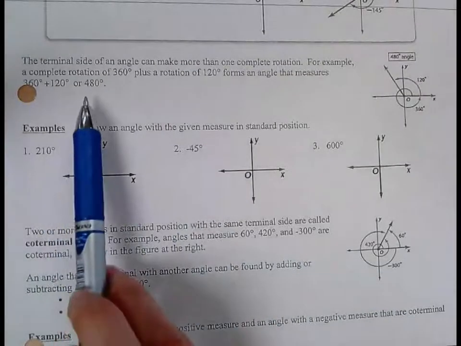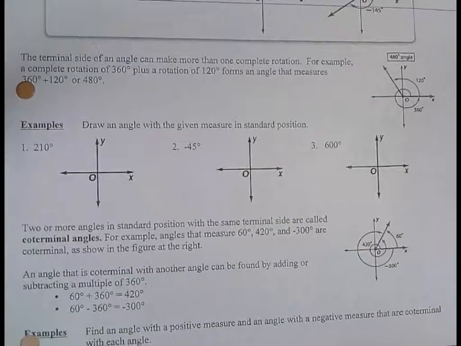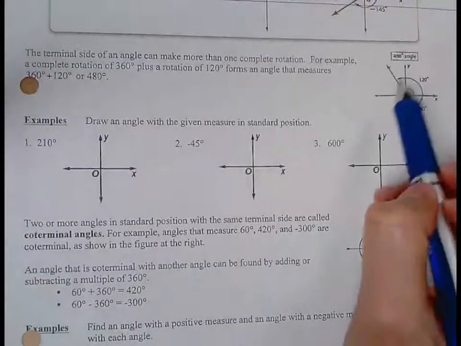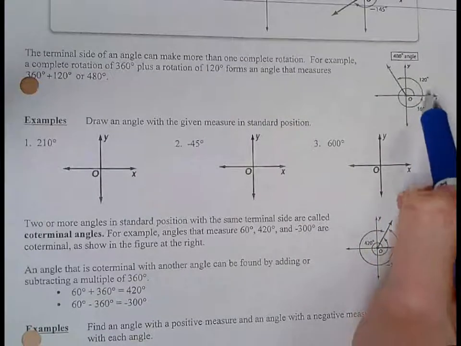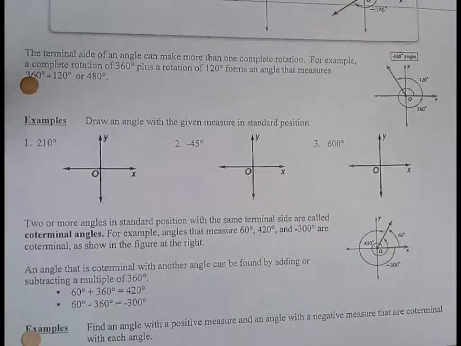So if your angle is greater than 360, you should be going more than one complete rotation around. And then notice how you draw that. You're creating what would end up looking like a spiral as you draw that around to show the direction your angle is headed.